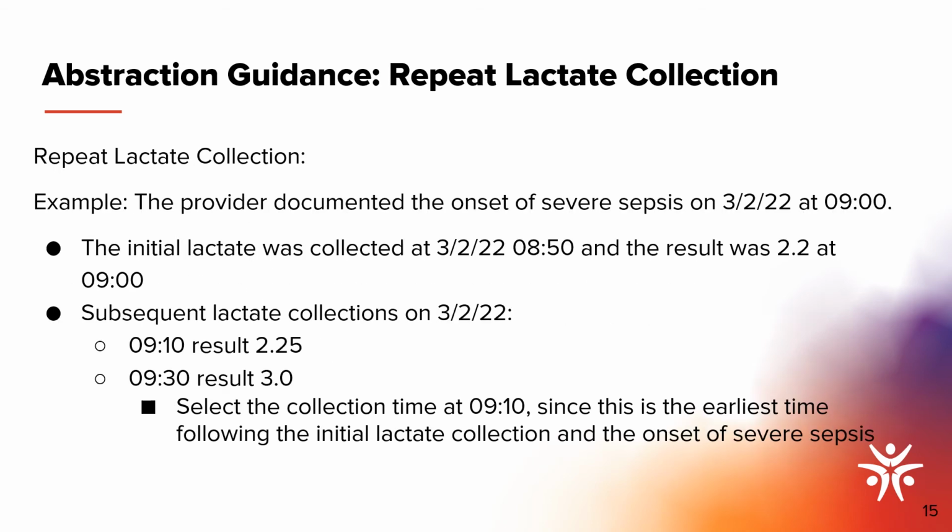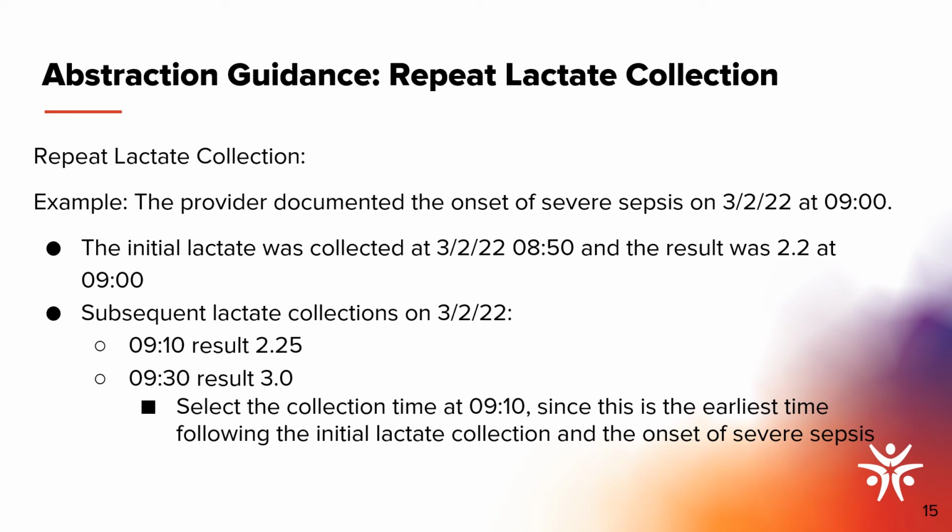Let's look at this example. The provider documented the onset of severe sepsis at 9 o'clock. The initial lactate was collected at 8:50 and the result was 2.2 at 9 o'clock. Subsequent lactate collections were as follows. At 9:10, the result was 2.25.